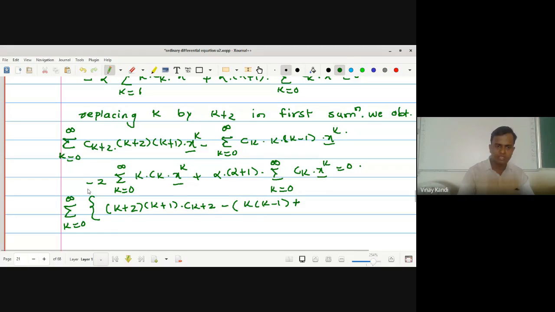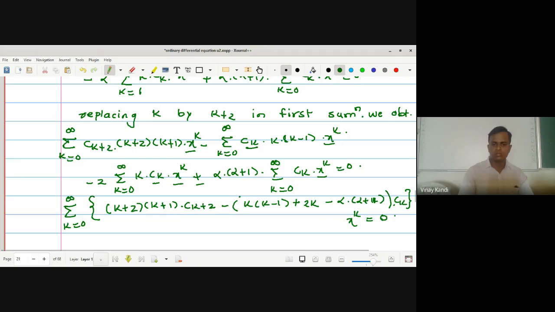Okay, plus 2k, minus तुमच्या इकडे बाहेर गेलाय, plus 2k. ओके, आणि यातला ck पण कॉमन आहे, plus 2k minus this alpha into alpha plus 1. Okay, so this is bracket complete and this is ck. This whole term into x raised to k, which is equal to 0.